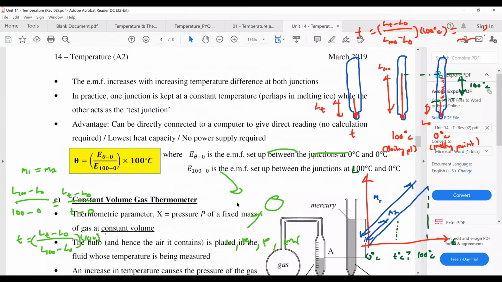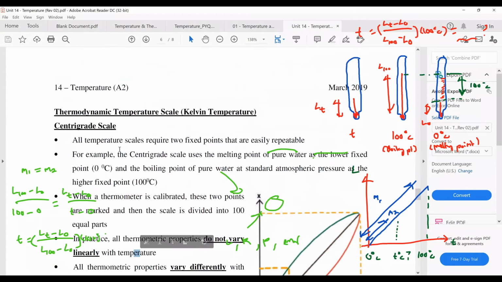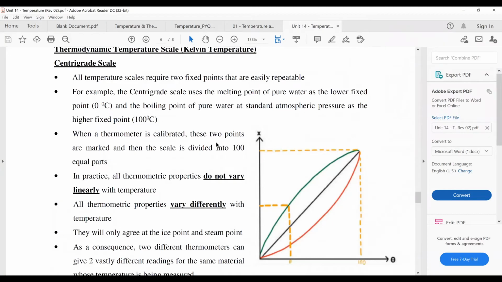But there's a disadvantage in that. If you have a thermometer that gives you temperature in the centigrade temperature scale, you will have a problem later on.